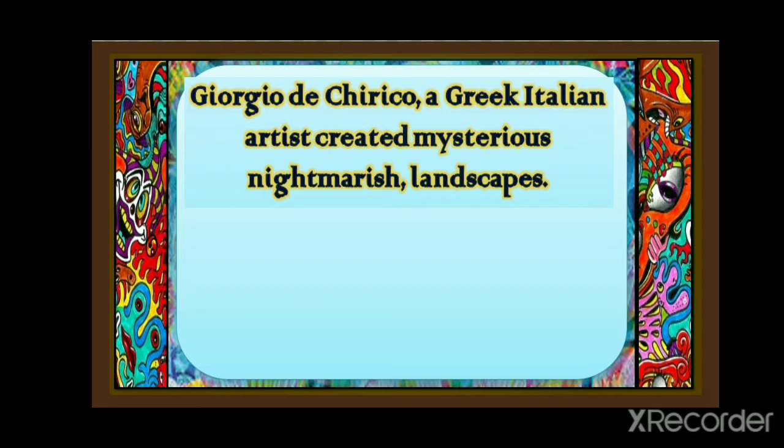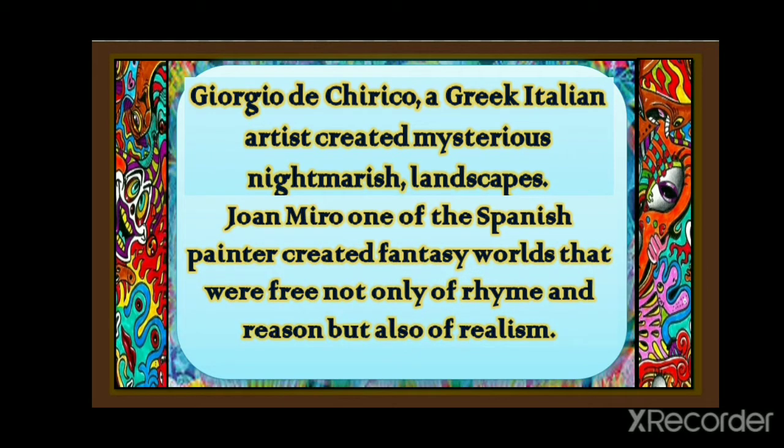Giorgio de Chirico, a Greek-Italian artist, created mysterious nightmare landscapes. And Joan Miró, one of the Spanish painters, created fantasy worlds that were free not only of rhyme and reason but also of realism. In his work, he brings the viewer face to face with scenes depicting strange and imaginary creatures.